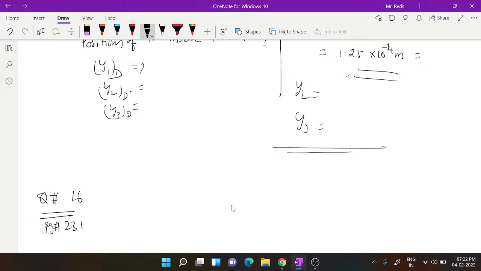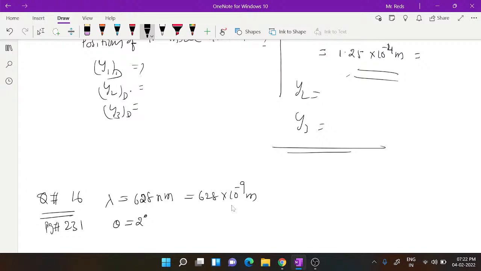It is given that a small aperture is illuminated with a parallel beam of wavelength lambda equal to 628 nanometer, which means 628 into 10 to the power minus 9 meter. The emergent beam has an angular divergence of 2 degrees. Angular divergence means theta is equal to 2 degrees.